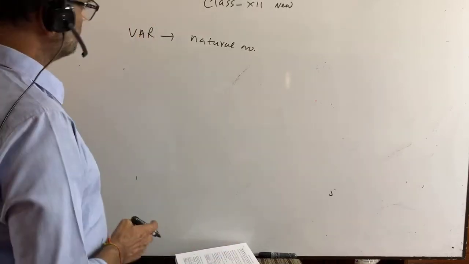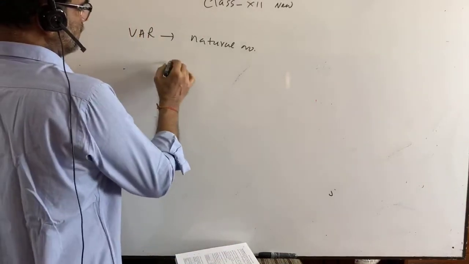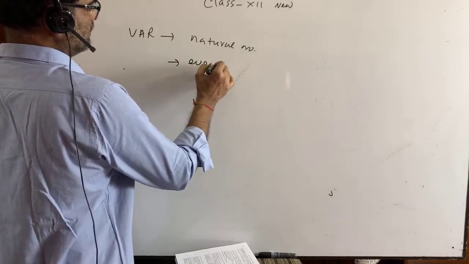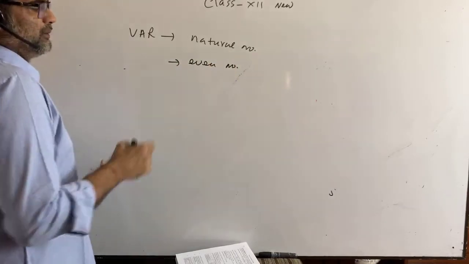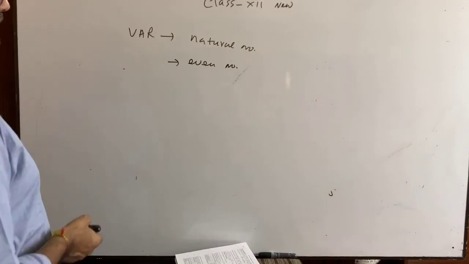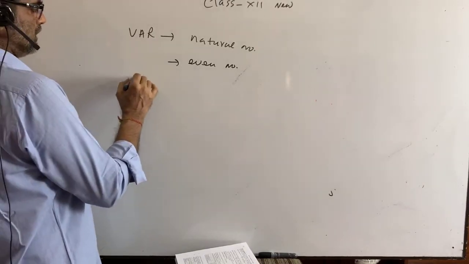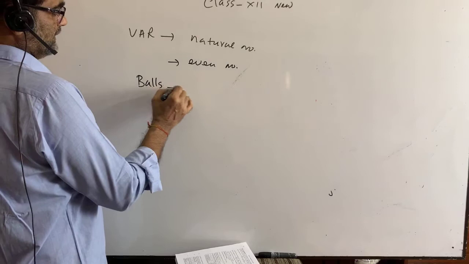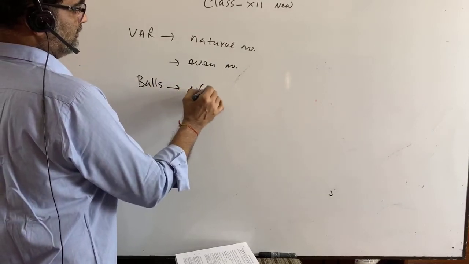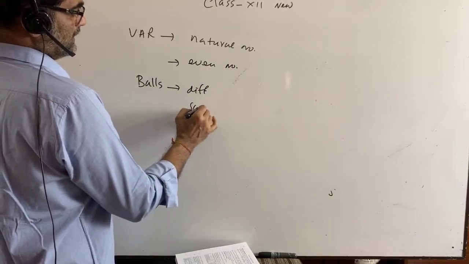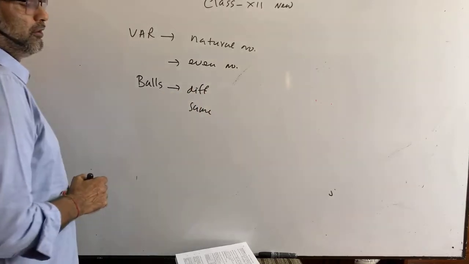Then you can do some maths to find out the variance of even natural numbers, even numbers. One of these two may be given. Now the maths of balls, that means different color, same color. This type of math were done.